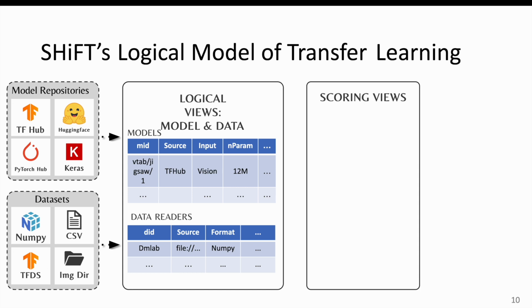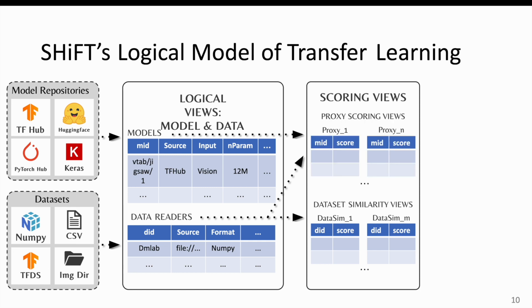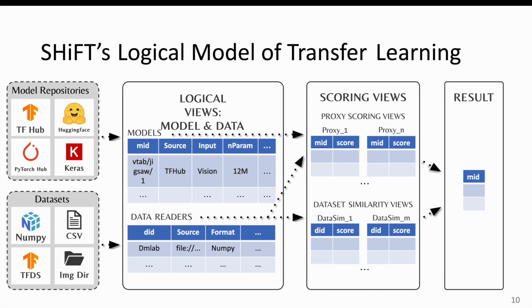Then we have two different scoring views. One are dataset similarity views, which take data reader as input, and the others are proxy scoring views, which take a model and the data reader as input. Now, these views are only populated upon demand lazily, which makes it more efficient. Either proxy or data similarity views are then used to create a ranking of models in the end.